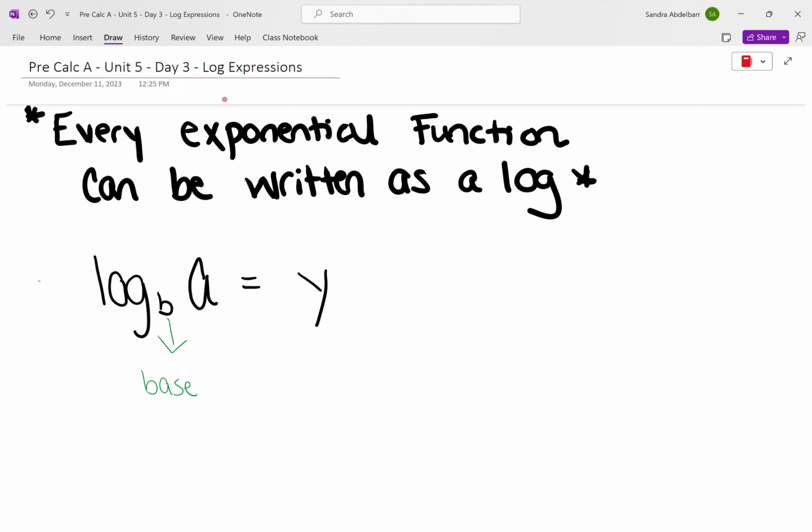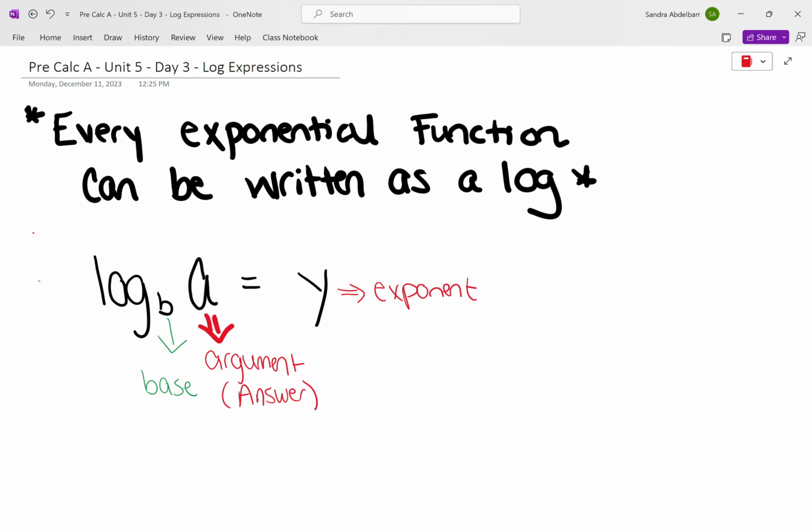That number next to it, this is called the argument. But really, it's just the answer. So we call it the argument, but it's really just the answer. And then what comes over here is actually your exponent.